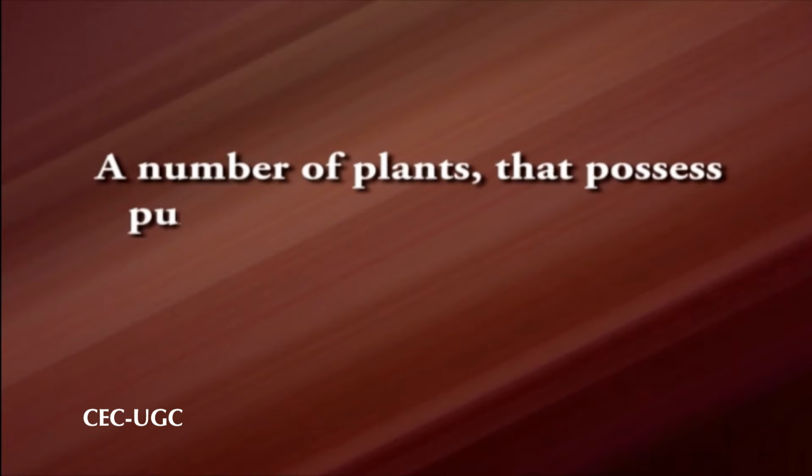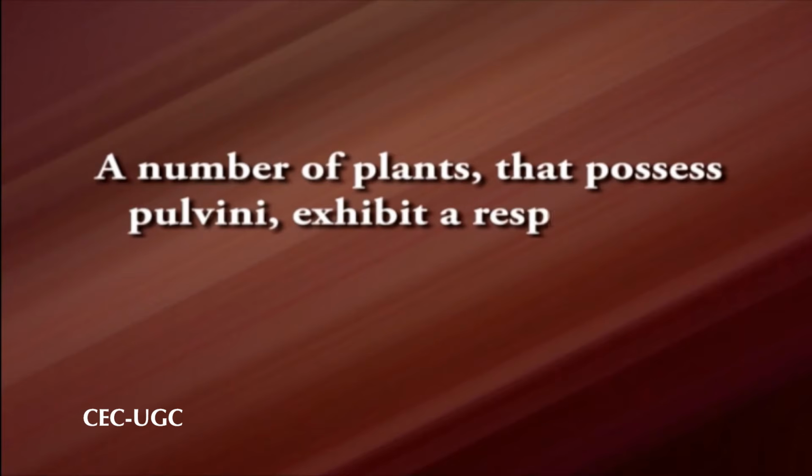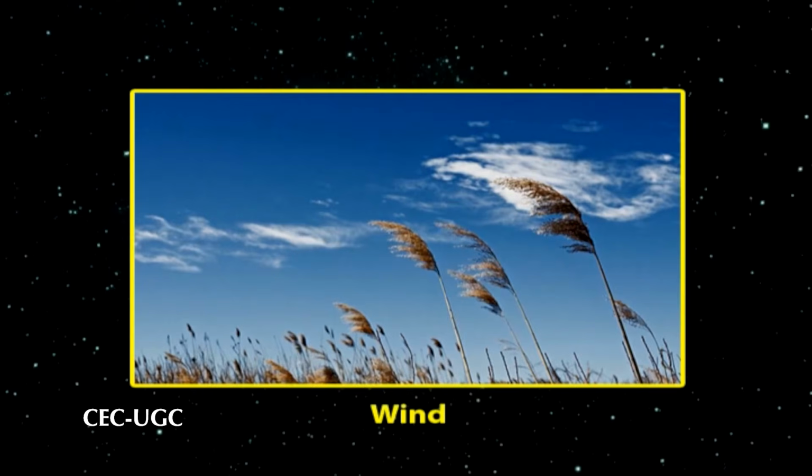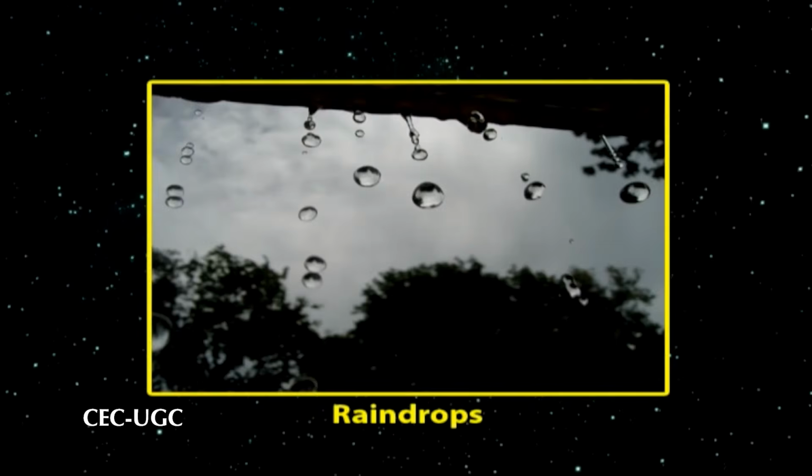The second type of nastic movements is Seismonastic. A large number of plants that possess these pulvini exhibit a response to mechanical stimulation called seismonasty. These plants respond to a variety of stimuli including shaking, wind, raindrops, wounds by cutting, and intense heat or burning.